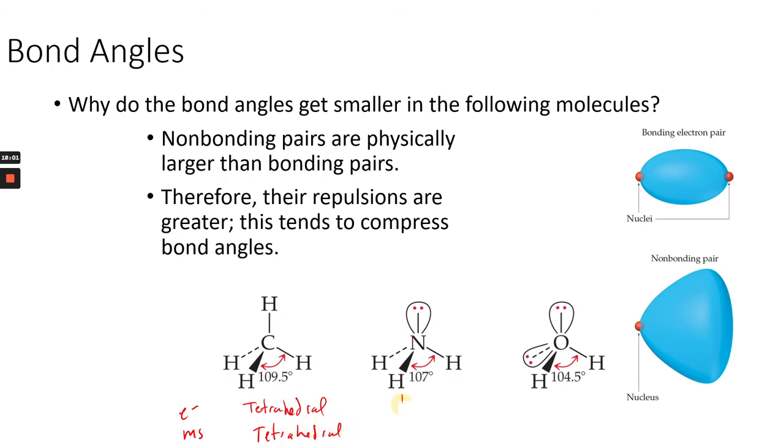This one has 4 domains, so its electron pair geometry is tetrahedral. But you have 1 lone pair, so the physical shape of the molecule is trigonal pyramidal.